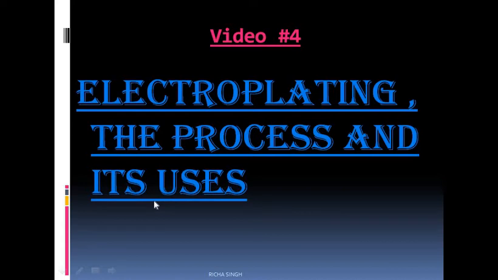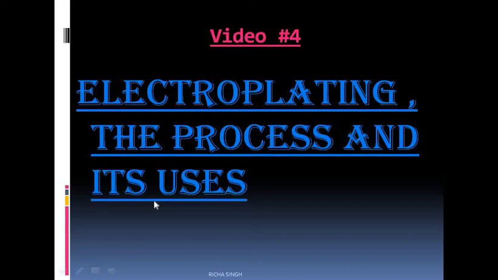So what is electroplating? It is the process of depositing a thin layer of a superior metal, a shiny metal which does not get rusted, over an object of inferior metal like iron, which may get rusted and is not that shiny in appearance, with the passage of electricity.